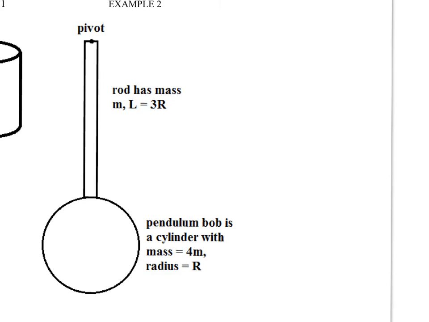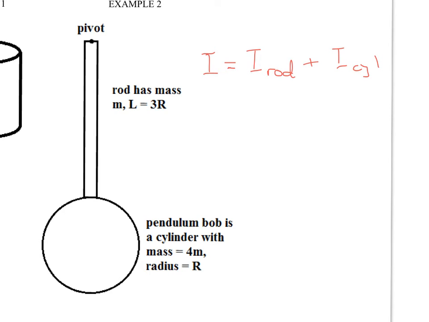Here we have a solid cylinder, and also a rod. So the total moment of inertia is going to be the moment of inertia for each of those objects individually added together. We'll find the moment of inertia for the rod, and then the moment of inertia for the cylinder, and those two taken together are the total moment of inertia for the system.